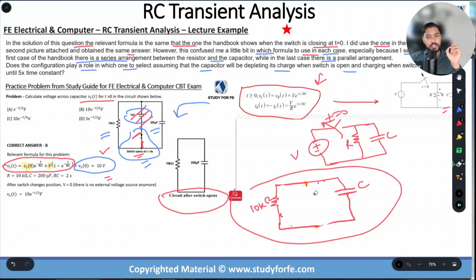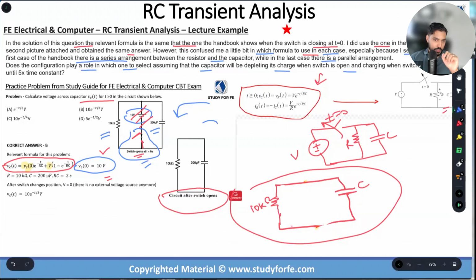Listen, guys, at the end of the day, this is just Circuits 101. But Circuits 101 is going to come to your rescue if you have understood it from first principles.